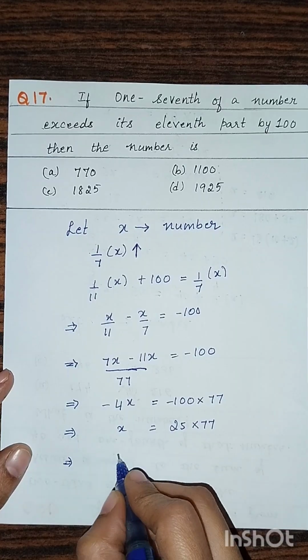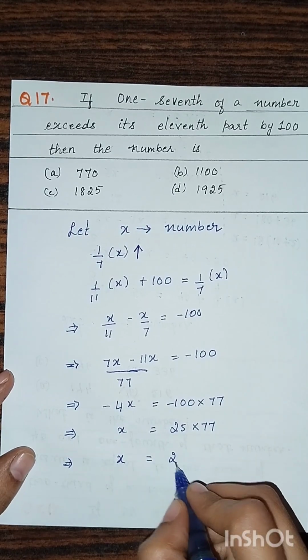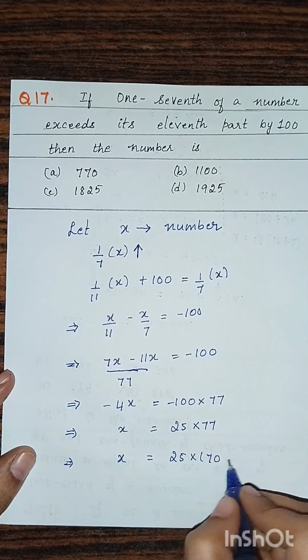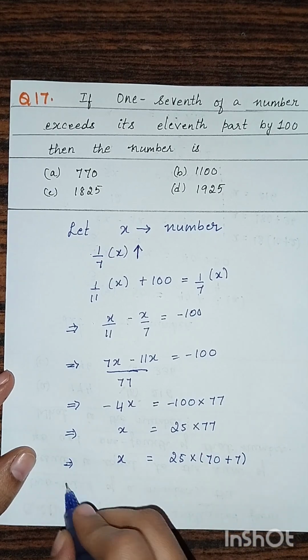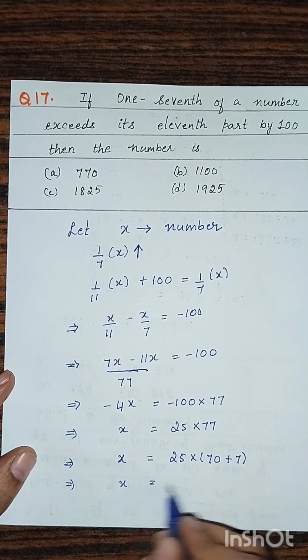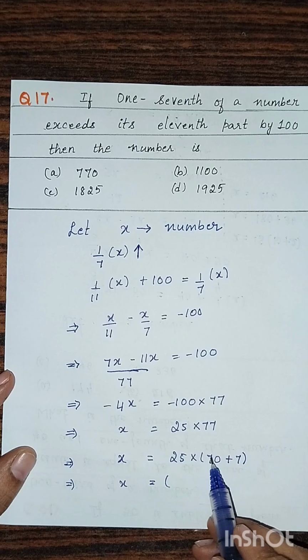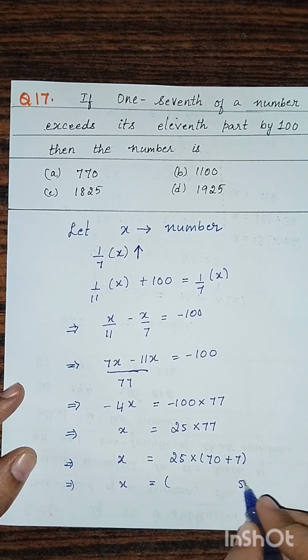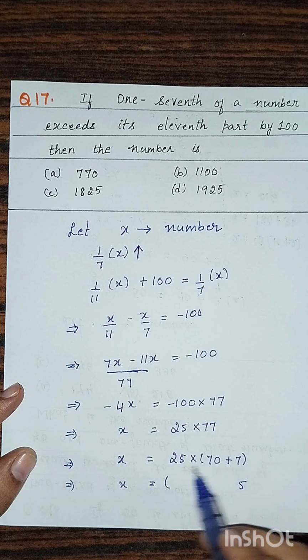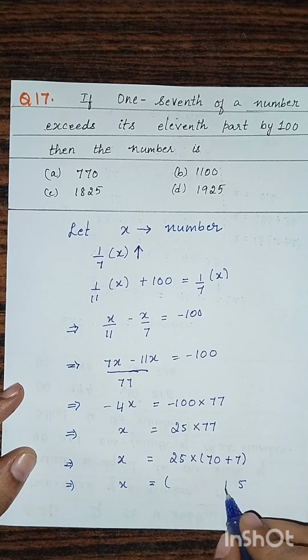Now this implies x is equal to 25 into 70 plus 7. So 77 can be written as 70 plus 7. So you just need to multiply once. So 25 times 7 is, 5 sevens are 35, 7 twos are 14, 17, right?